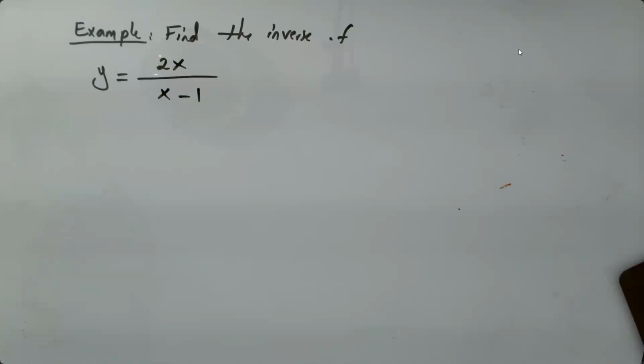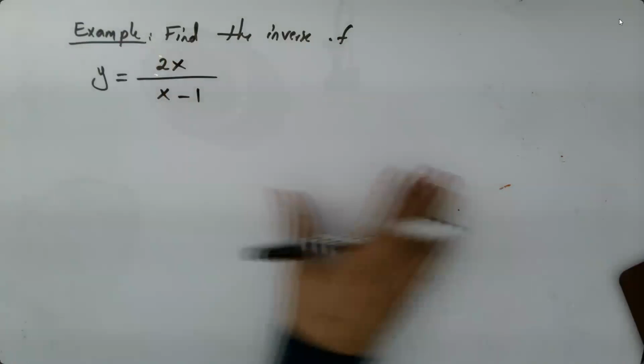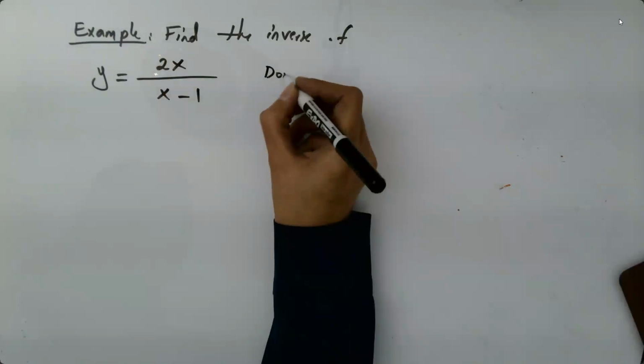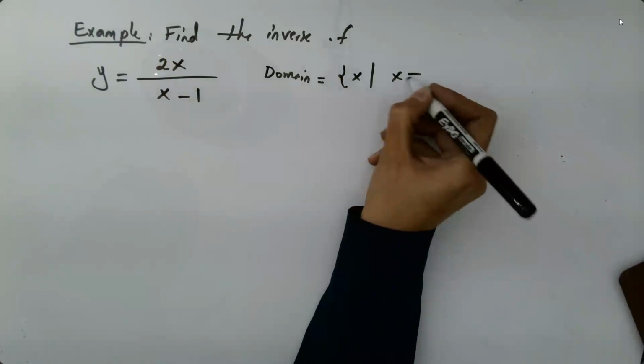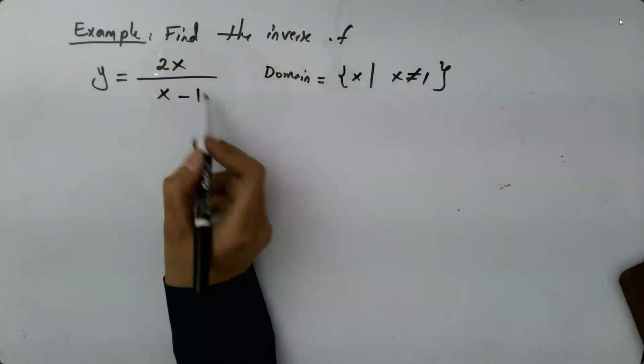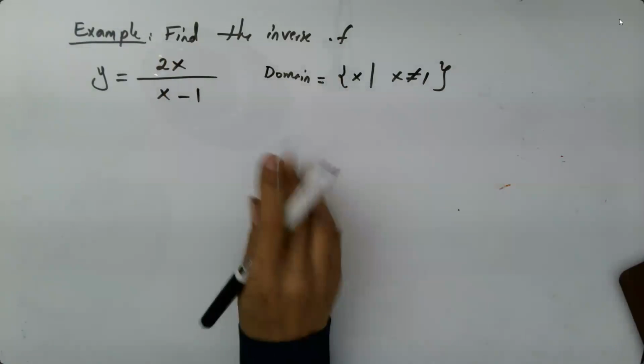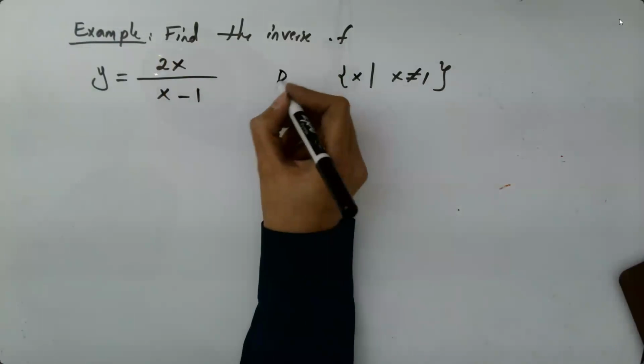Ooh, it is cool. It has a lot of variables. I have a rational function. Remember that the domain of this function is all x values such that x is not 1. Zeros in the denominator are not acceptable.